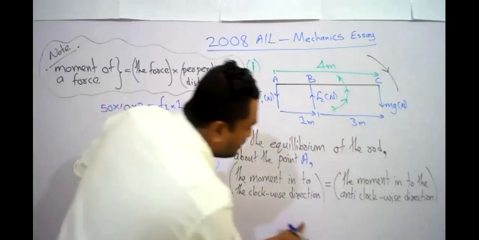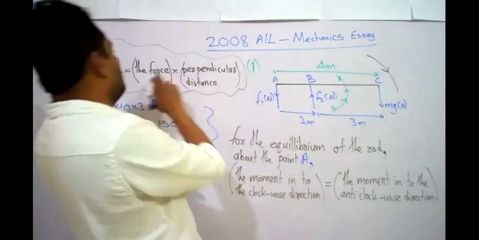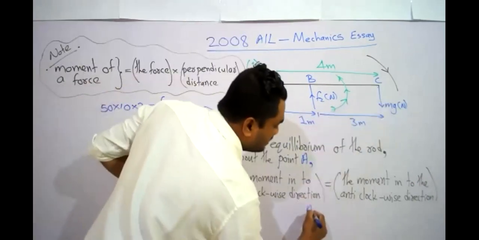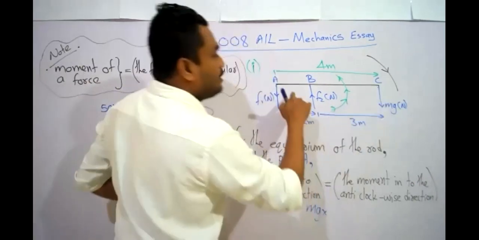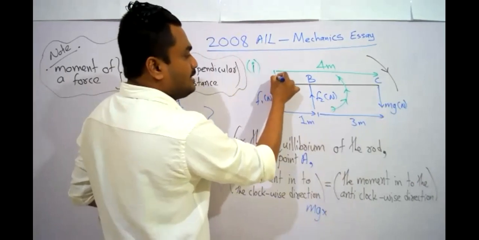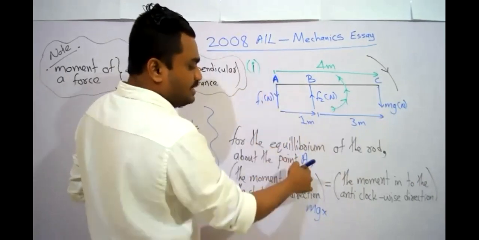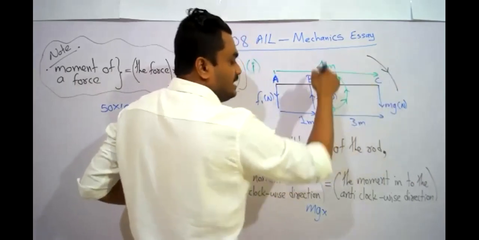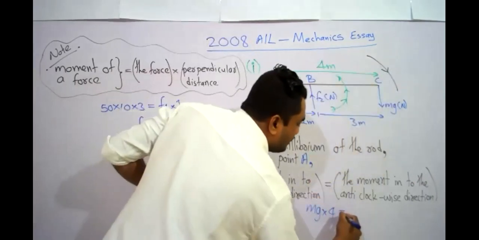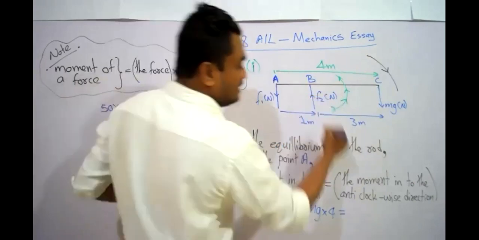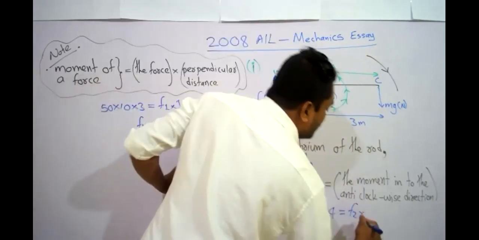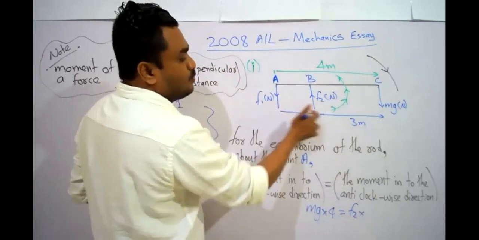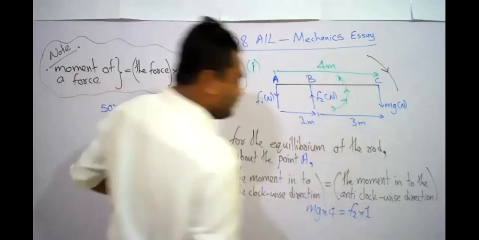Moment in the clockwise direction is force times perpendicular distance. The force is mg, and the perpendicular distance from the point A, since we are taking moments about point A, is 4 meter, equals force F2 times perpendicular distance, which is 1 meter, only 1 meter, right?